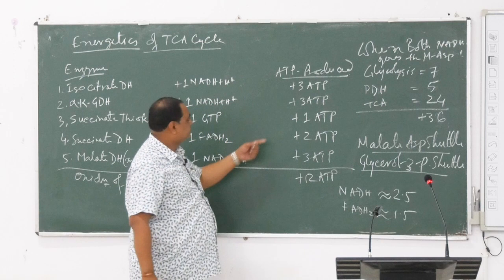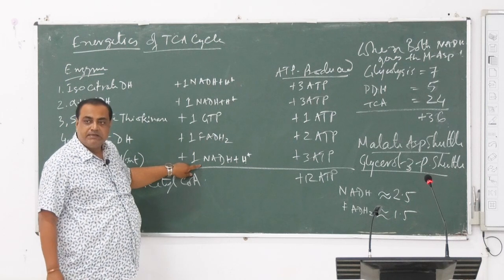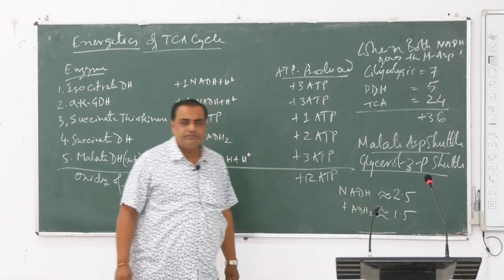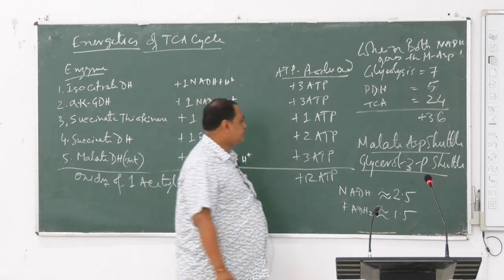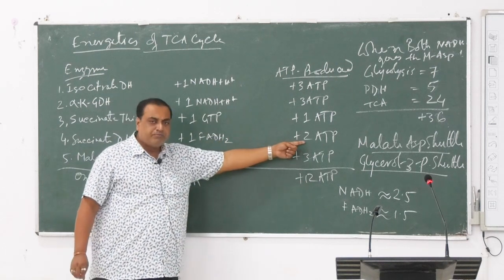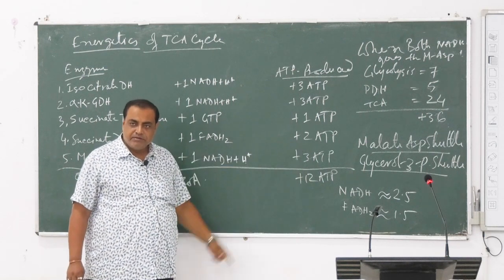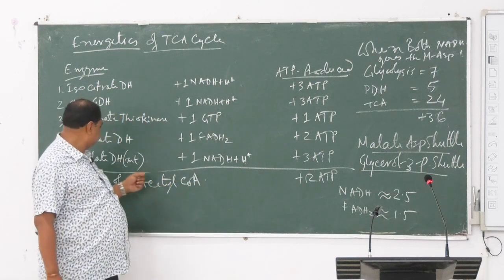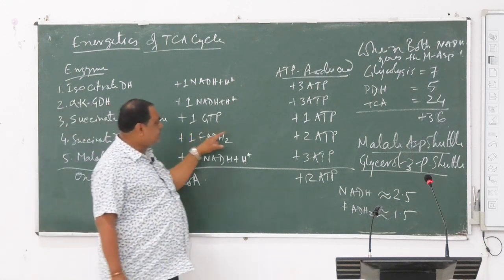Here 1, 2, 3 means 6 NADH. 6 into 2.5 is what? 15. 1 FADH2, 1.5 into 2 molecules of acetyl coenzyme A. So, it will be 3, 15 plus 3, 18. What will be unchanged? Okay, so 18 plus 2.